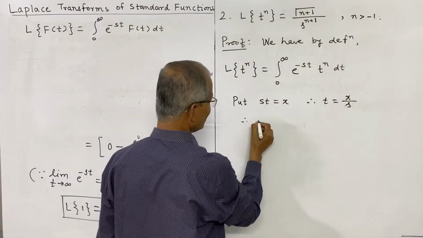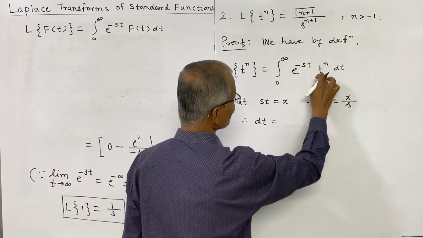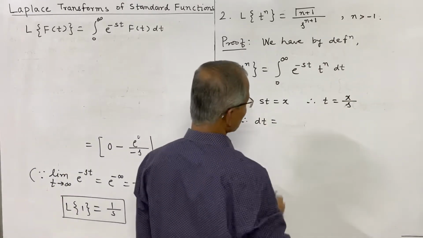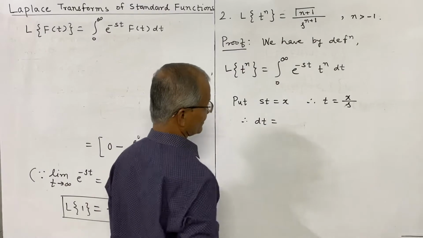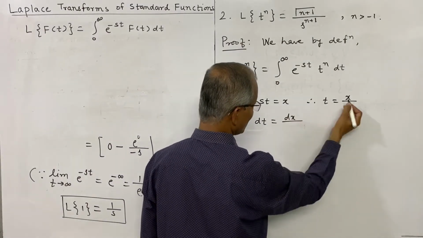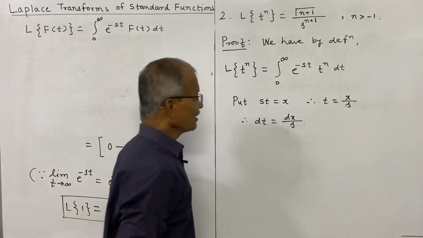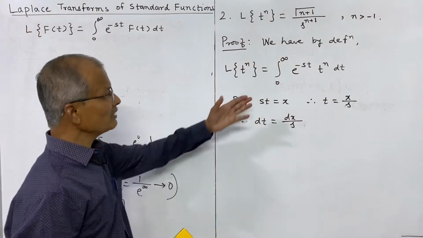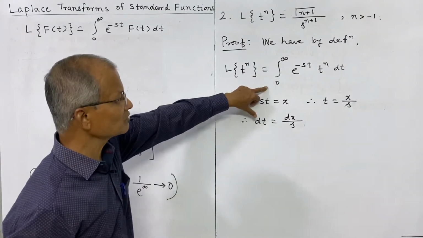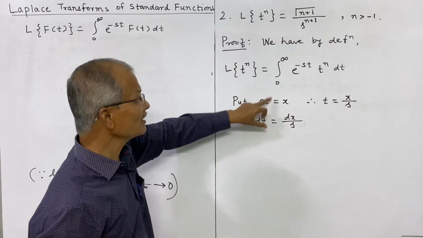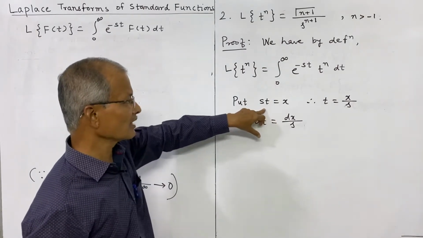Because we are changing dt to dx, and st is substituted as x, dt will be dx upon s. This is the value of dt. And what about the limits? When t is 0, x is 0, and when t tends to infinity, x also tends to infinity.